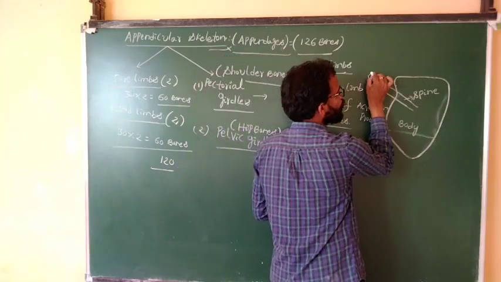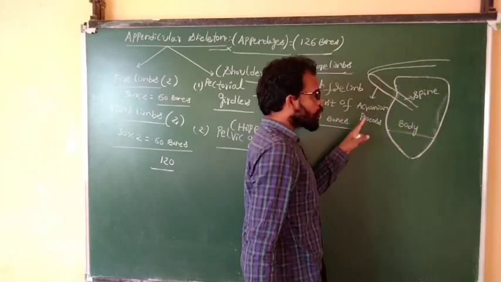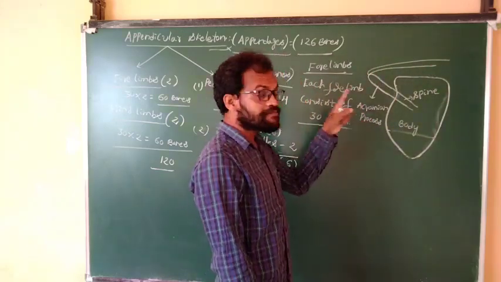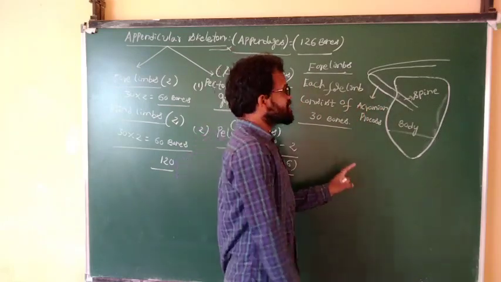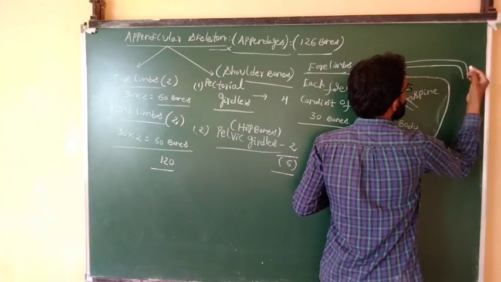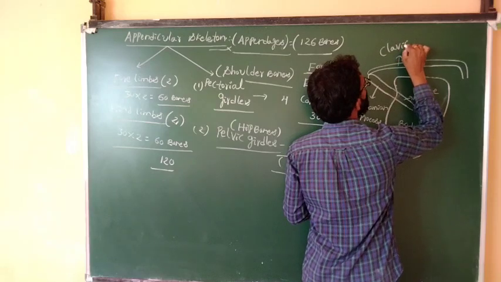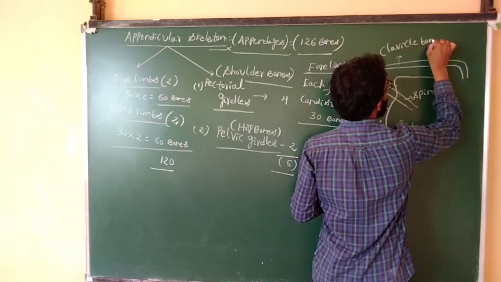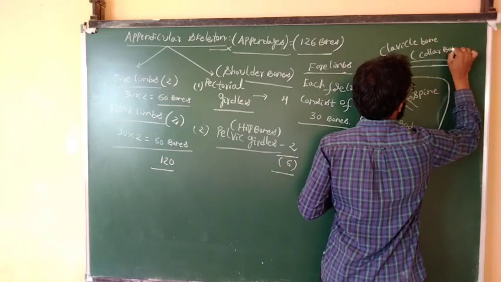This acromion is the third part of the pectoral girdle. This acromion consists of a bone, that is nothing but the clavicle bone. What is the bone? Clavicle bone. Clavicle bone means collarbone.